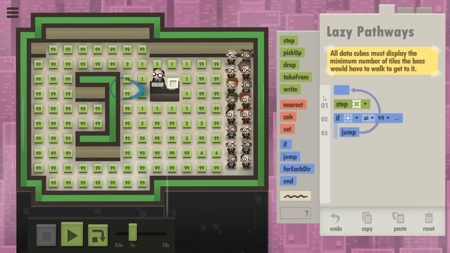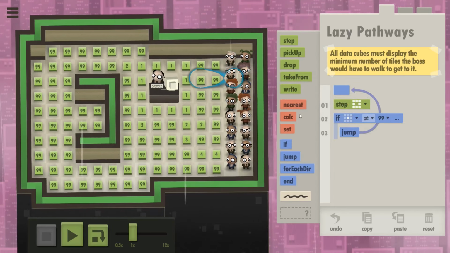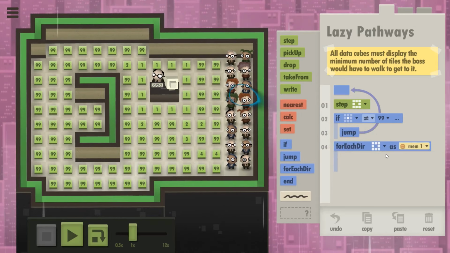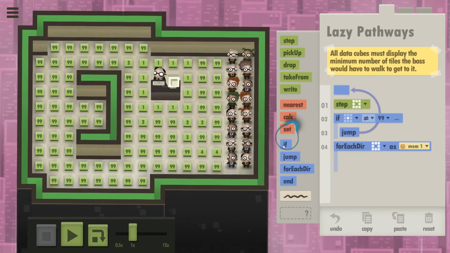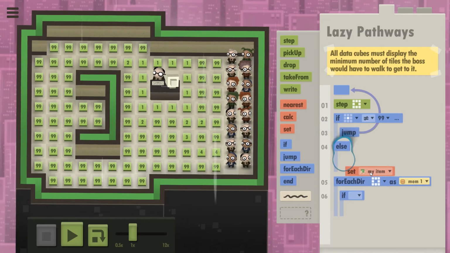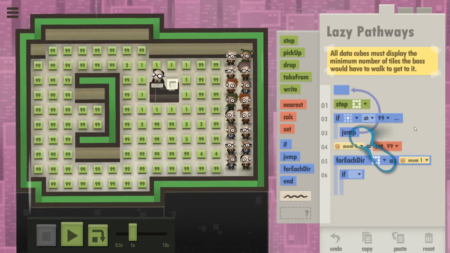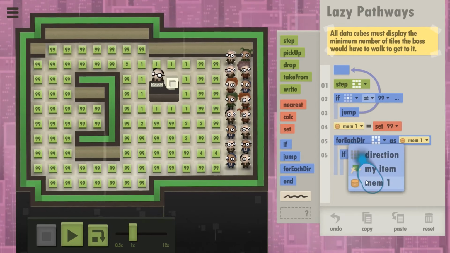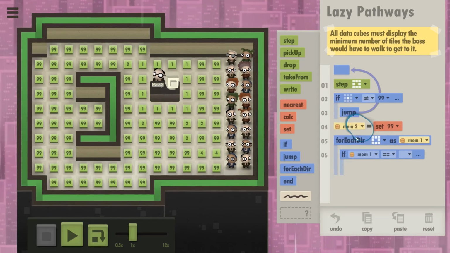So if it does... For each direction around you, as memory 1... So we're going to set memory 1 to 99. For each direction, if memory 1, sorry, we want memory 2.